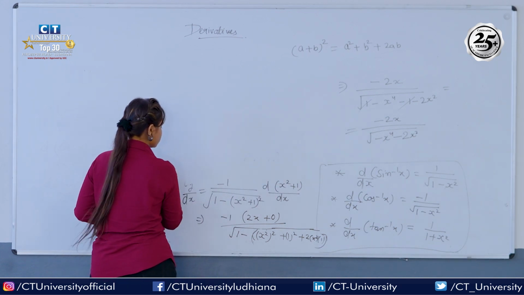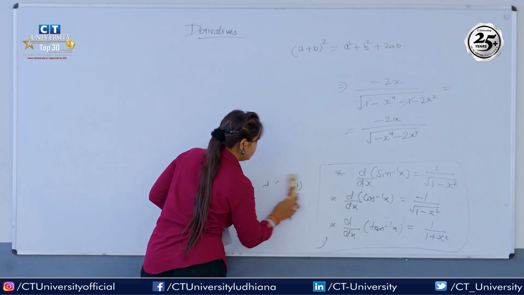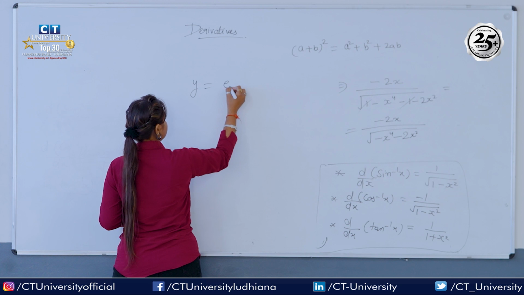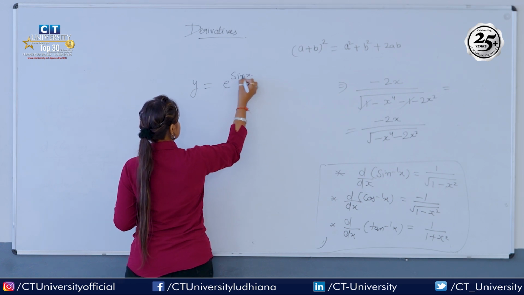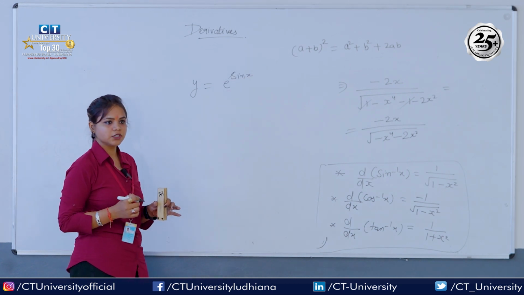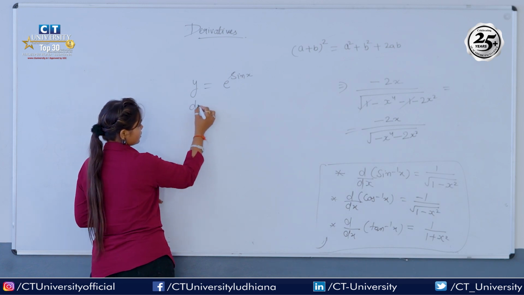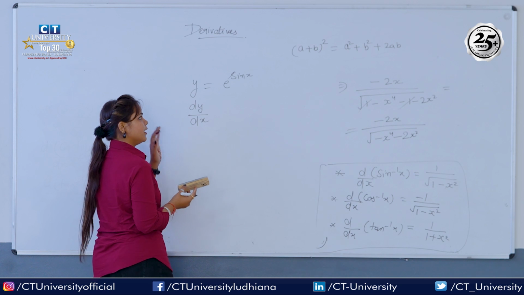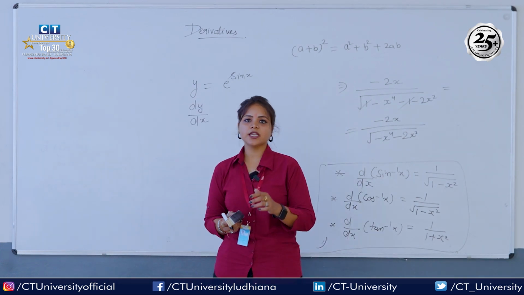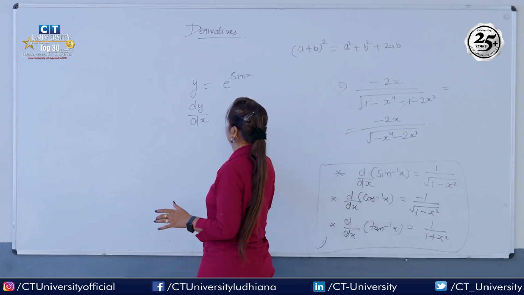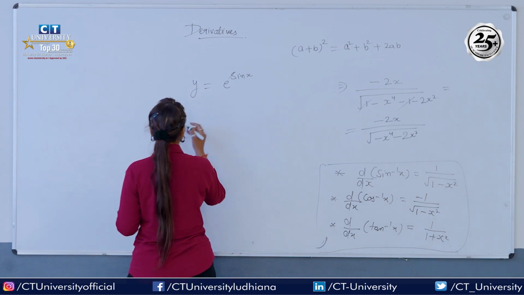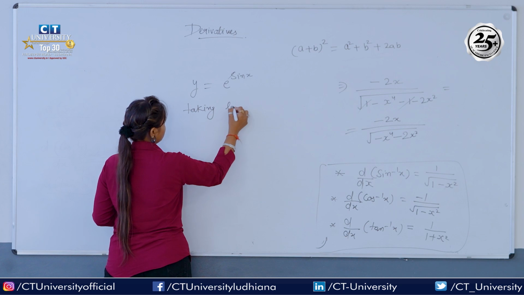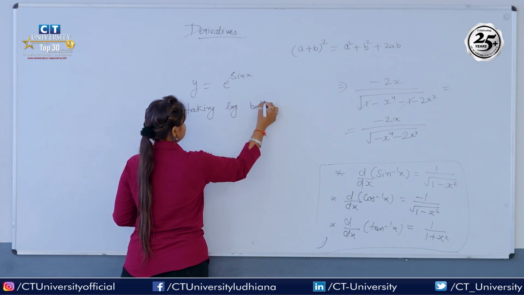Now here is a mixed-form example: y equals e raised to the power sin x. To find the derivative of this function with respect to x, you can directly differentiate both sides, or you can apply another method: taking log on both sides.